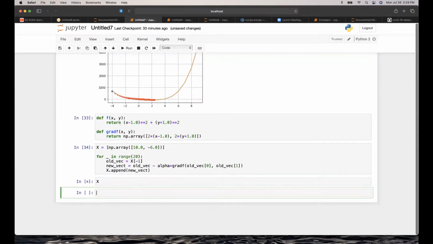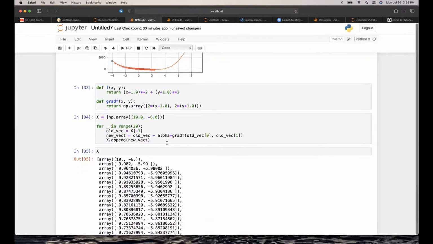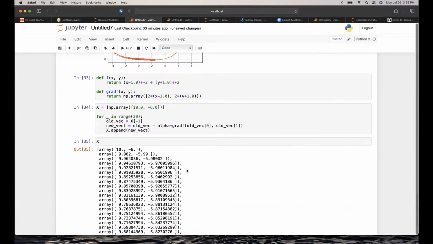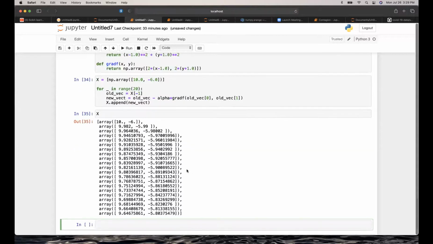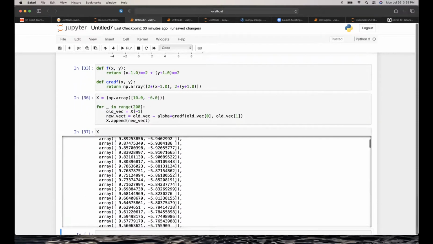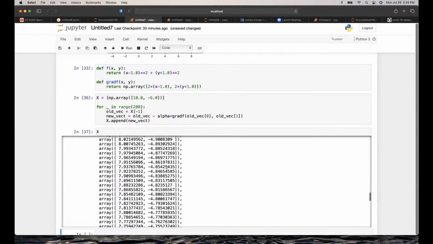So where did it go? Interesting. Maybe I need to go more times. Oh yeah, it's moving, just moving very slow.